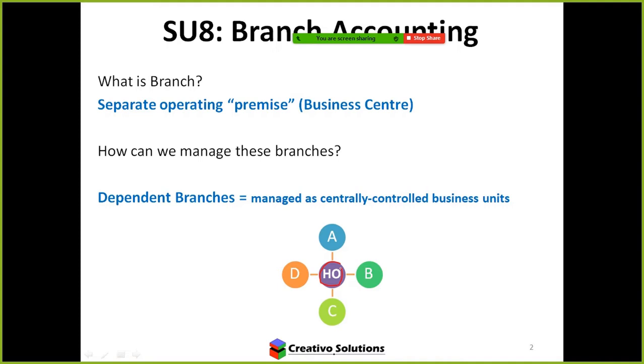They might give more authority or more decision making or more responsibility to the individual branches. But in certain industries, you have to have that level of oversight because in banking, banks need to adhere to very strict regulations. So the stricter the regulations, the more oversight, the more control, the more head office involvement.